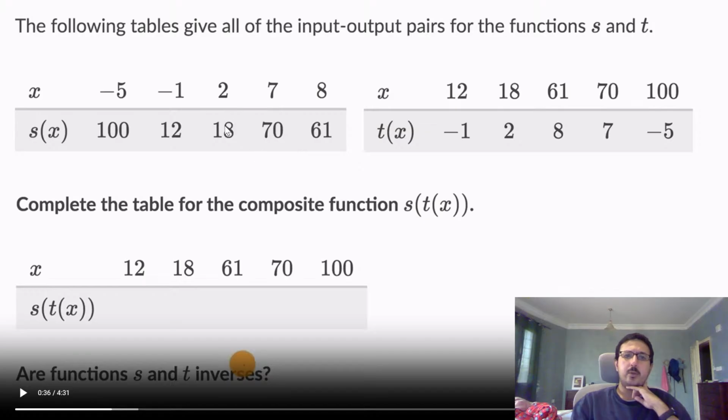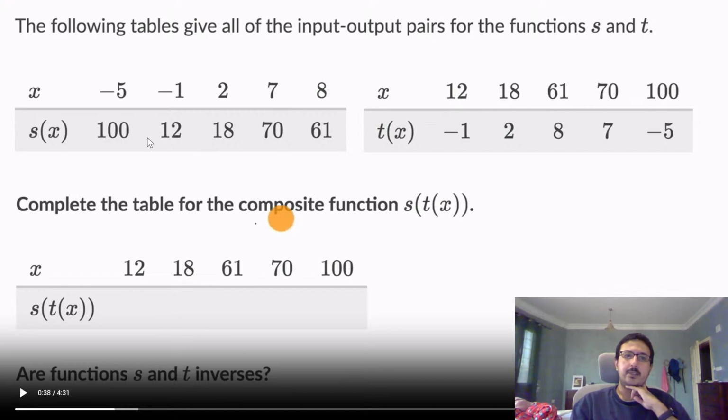Okay. 218. So I got no 18 here. So let's just wait, 2 is 18. I got no 18 here. So what do I have? 70, or is it this one?